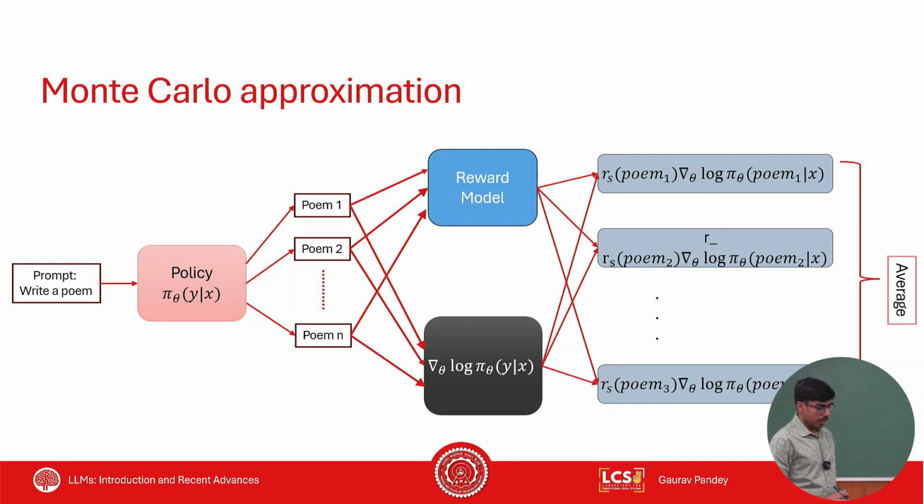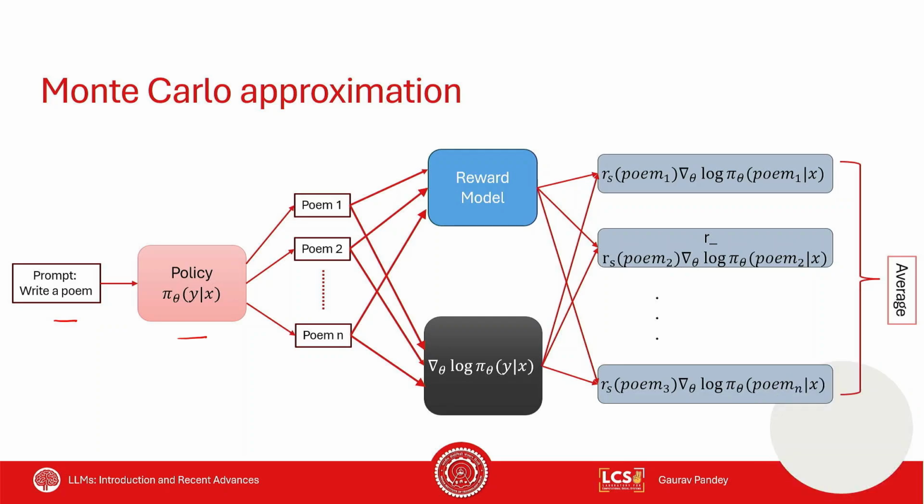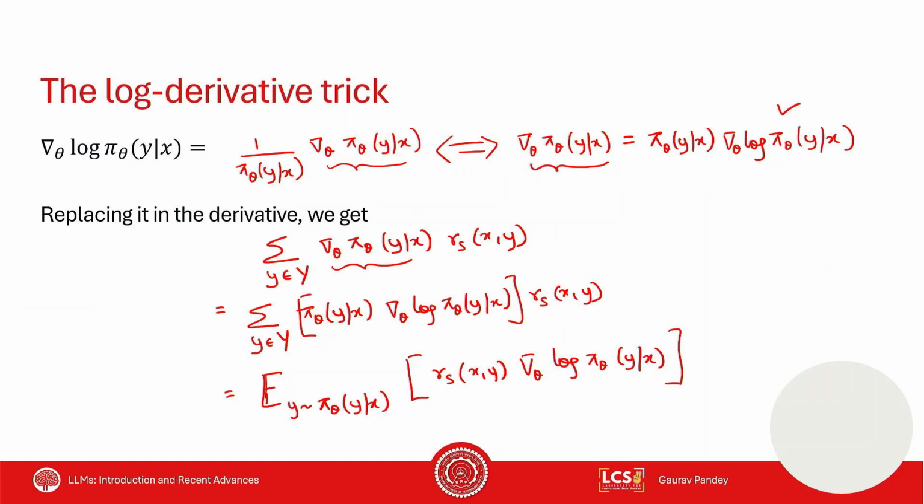You can take the input, feed it to your policy, get a bunch of outputs, compute the reward of each output, and also compute the gradient of the policy, multiply the reward and the gradient, and then take an average. This image is exactly computing what we had in this expression.